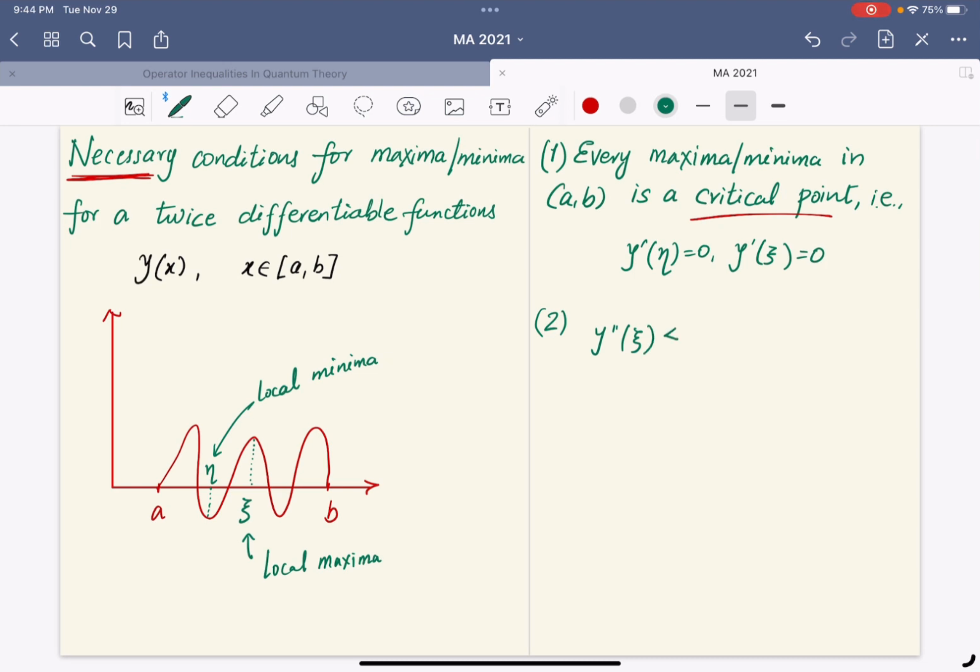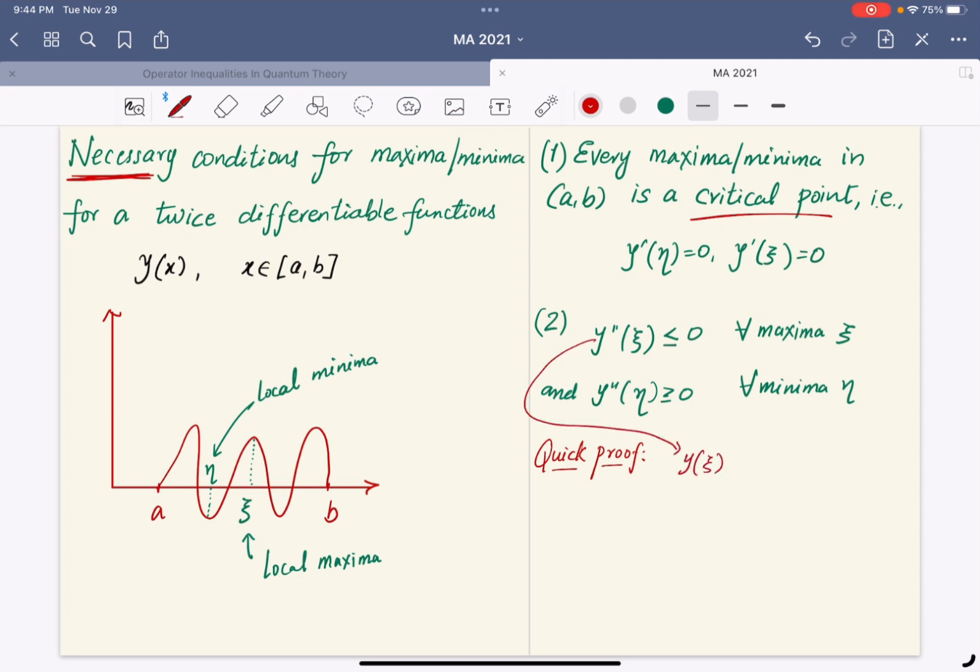It says that the double derivative of the function is less than or equal to 0 at all maxima, and the double derivative is greater than or equal to 0 at all minima. Now if you're wondering why this is true, here's a quick proof of this fact. It will be interesting to see graphically, that I leave it to you for visualization.